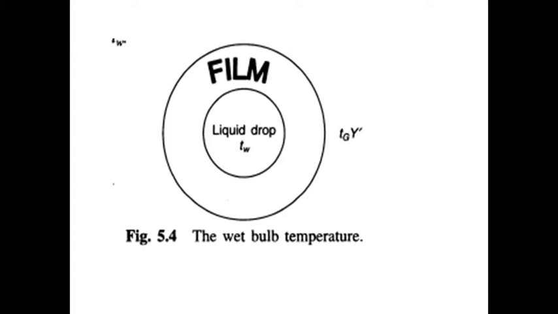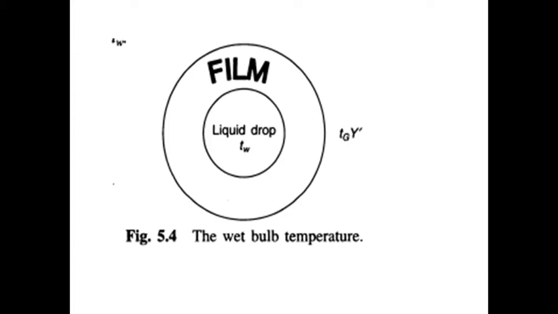Heat will flow from gas to liquid at an increasing rate due to the large temperature difference. Ultimately, the rate of heat transfer from the gas to the liquid will be equal to the rate of heat required for evaporation, and the temperature of the liquid will remain constant at some low value, that is Tw.